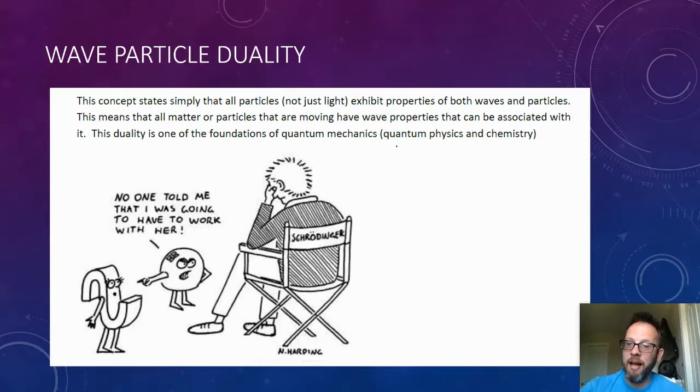The most classic way that this is illustrated, and it's in at least two of the videos I've posted on Brightspace, let's put this as a little example. Just like in Young's double slit experiment, we saw that light diffracted and produced interference patterns.